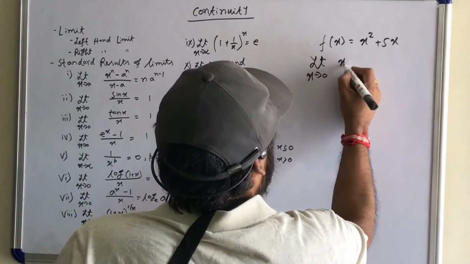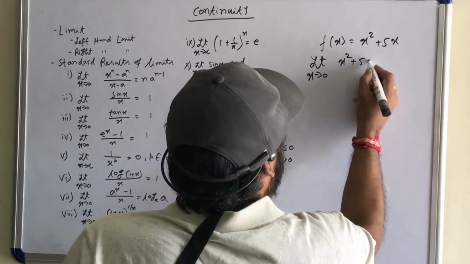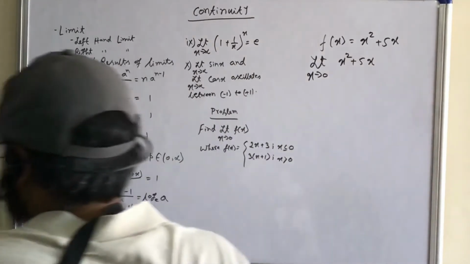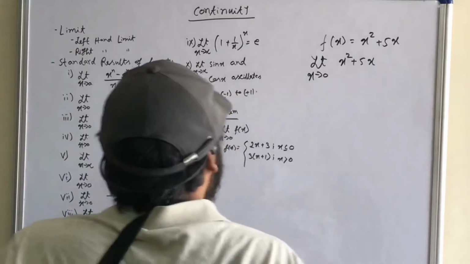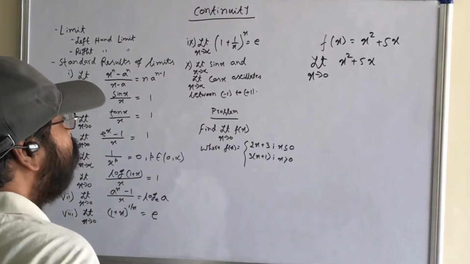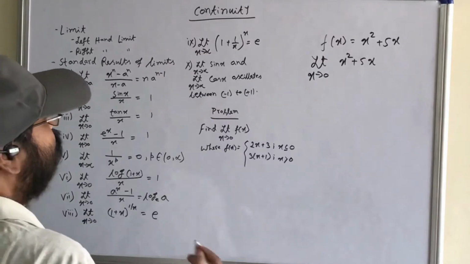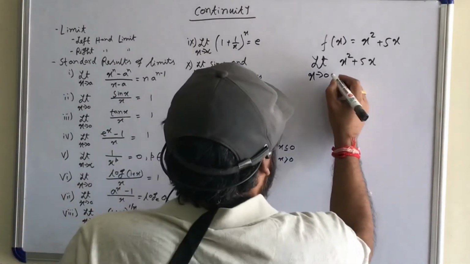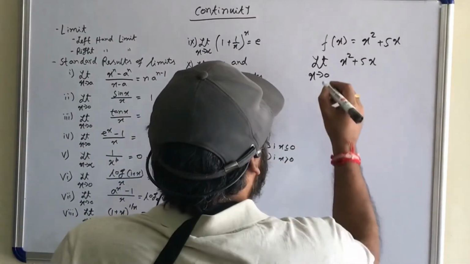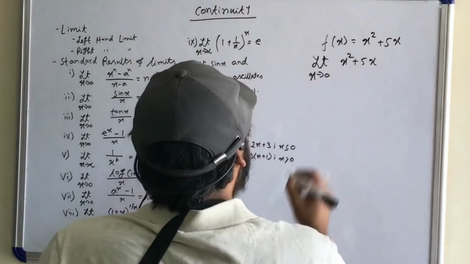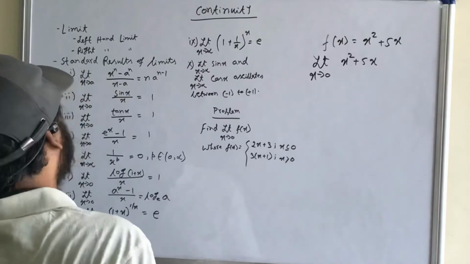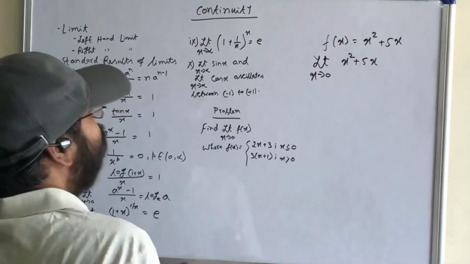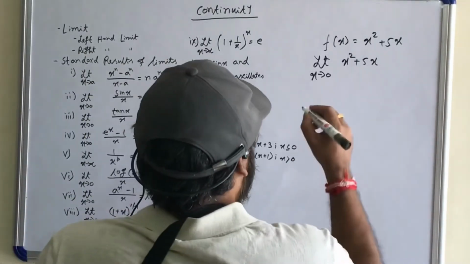It means the limiting value of that particular function is just less or just higher than 0. What is the limiting value of this function? This function cannot attain 0. So that is the limit of this particular function. That is why it is known as limit.